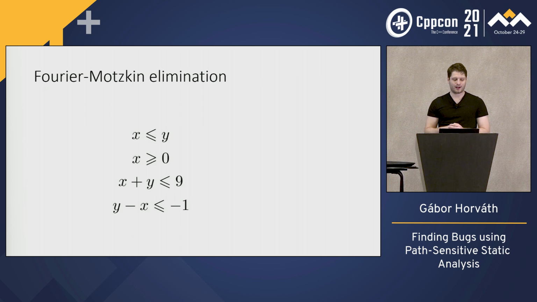I wanted to have less than or equal to and greater than or equal to operators, not strictly less than and greater than. So what I did, I transformed the last inequality. Instead of strictly less than 0, I wrote less than or equal to -1. This is equivalent to the original inequality.